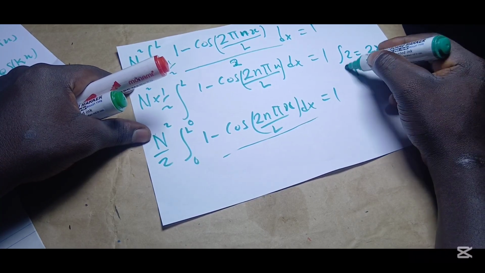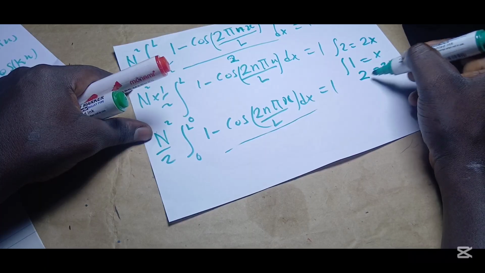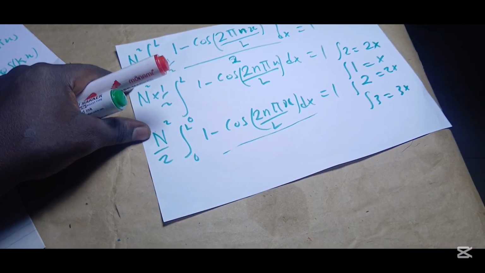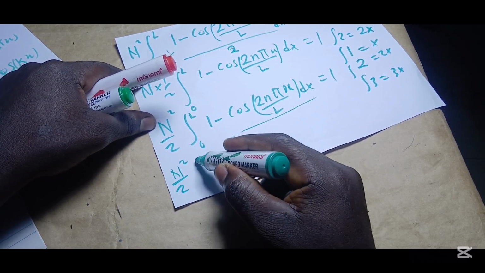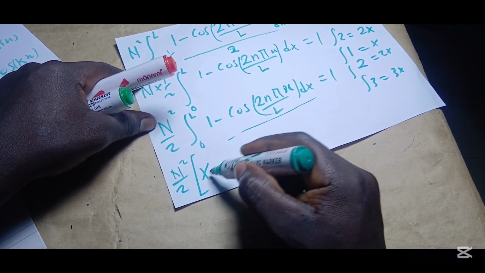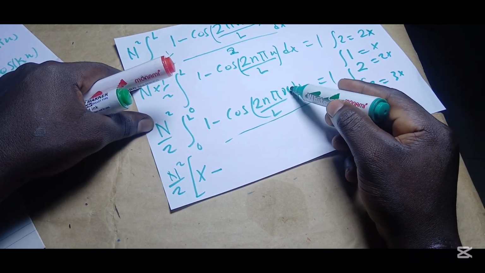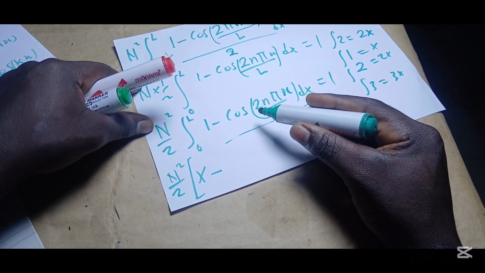If you integrate 1, you are going to get x. Integrate 2, you are going to get 2x. You integrate 3, you are going to get 3x, right? So now integrating 1 here gives us x minus the integral of cos 2n pi x over L. What do we get? If we integrate cos, we get sine, right?